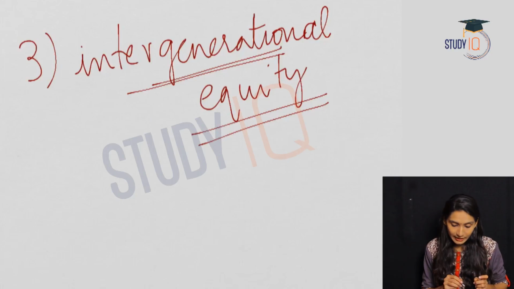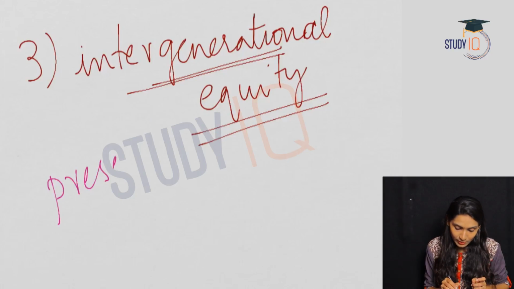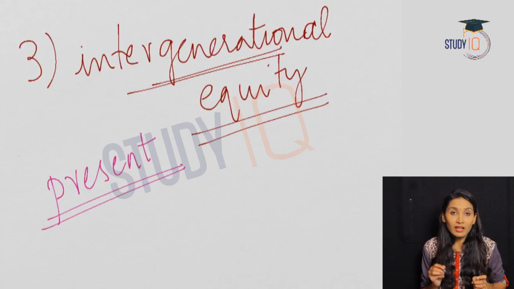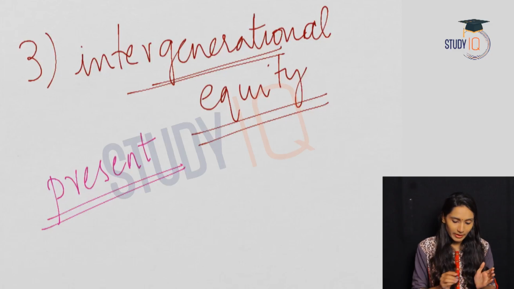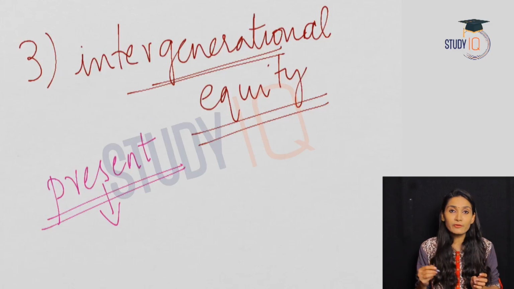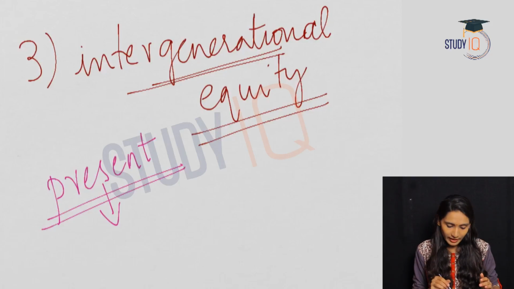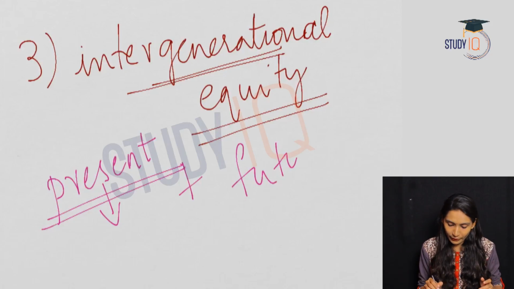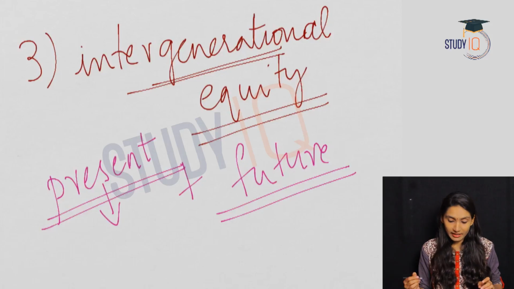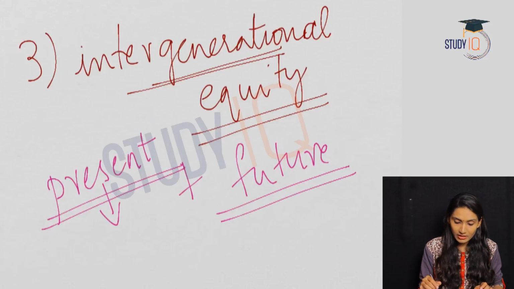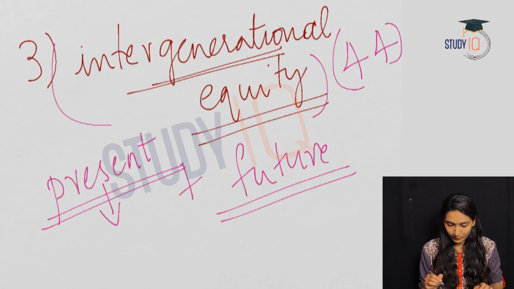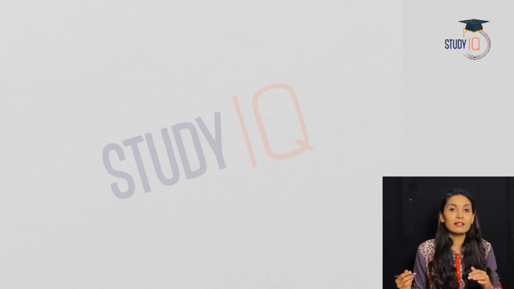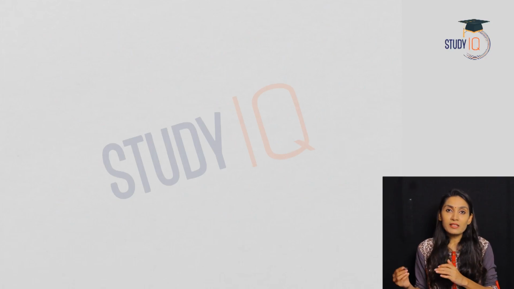So at present also, the natural resources are not for any one section or any particular class of living beings, but for everyone who is living in this world, and also for the future. This is known as intergenerational equity, and on its basis, the rank of India is 44. So these are the 3 pillars in which this report is made.